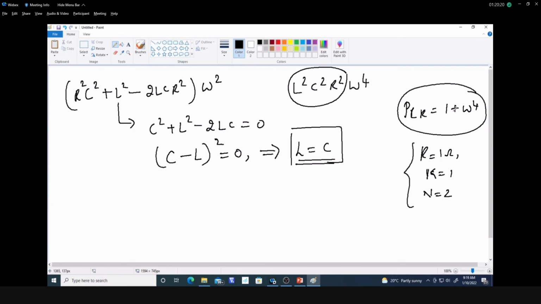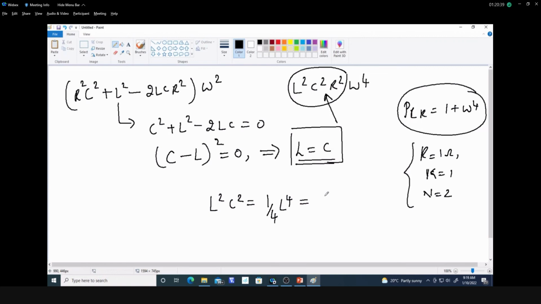Now in order to get this equation, we have to get this value as 1. If I equate that to 1, we get L²C² equal to 1/4 into L⁴.